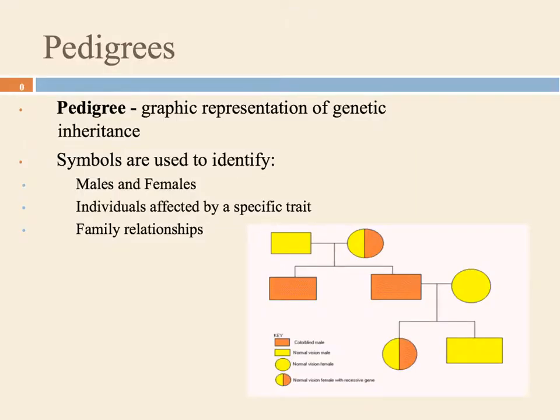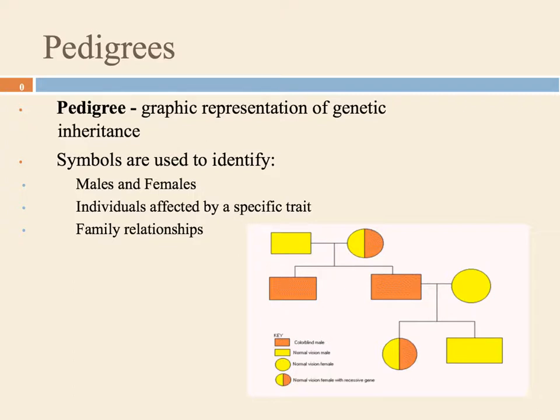So pedigrees. Pedigrees is also something that scientists use to help learn modes of inheritance. A pedigree is basically a graphic representation of how traits are passed down from one generation to the next. The format for pedigrees has changed over the years. Typically males are drawn as squares, and females are drawn as circles.